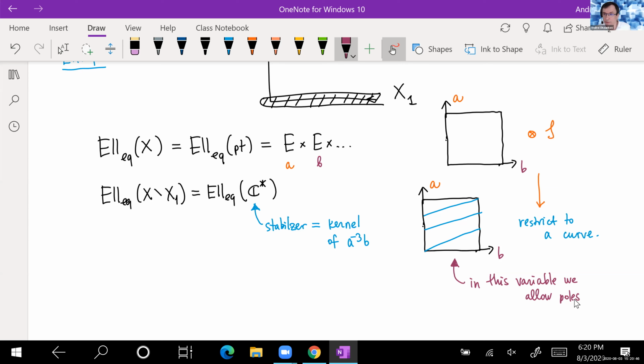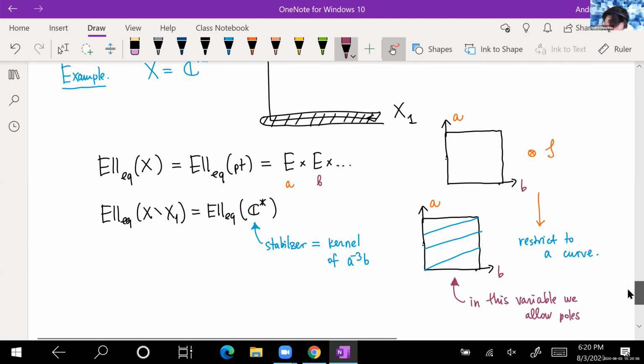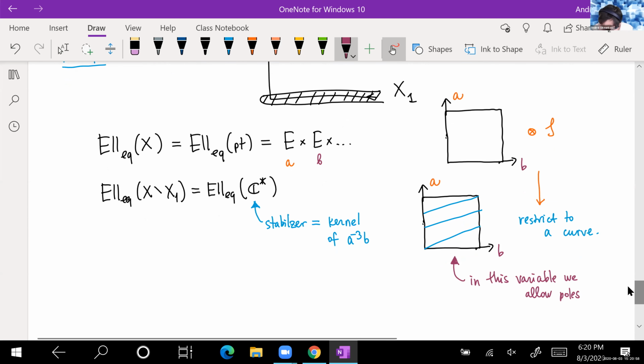And so it's a question of when can we interpolate a section of a line bundle in 3 points on the elliptic curve?